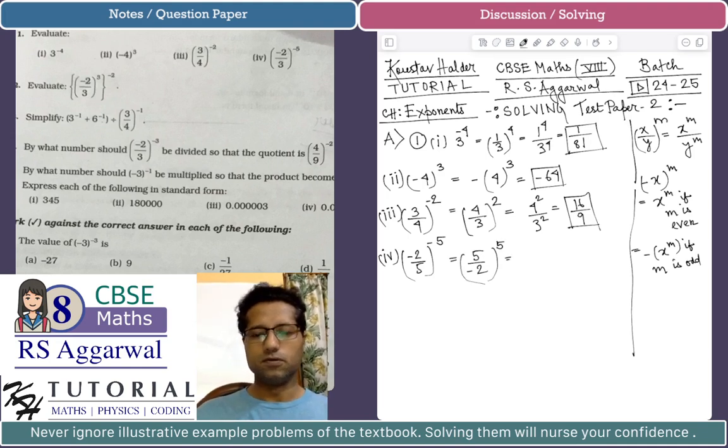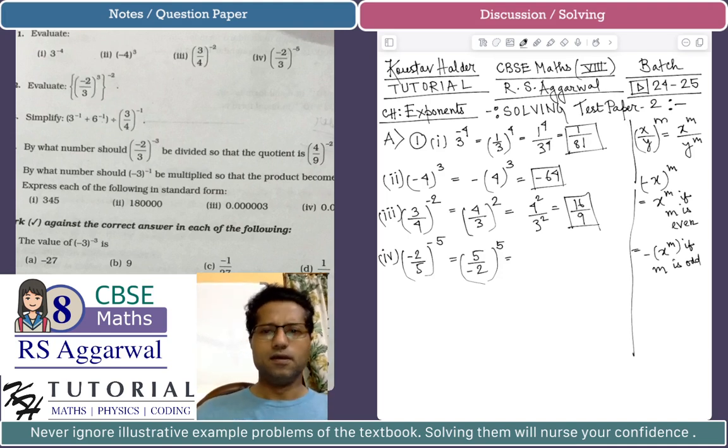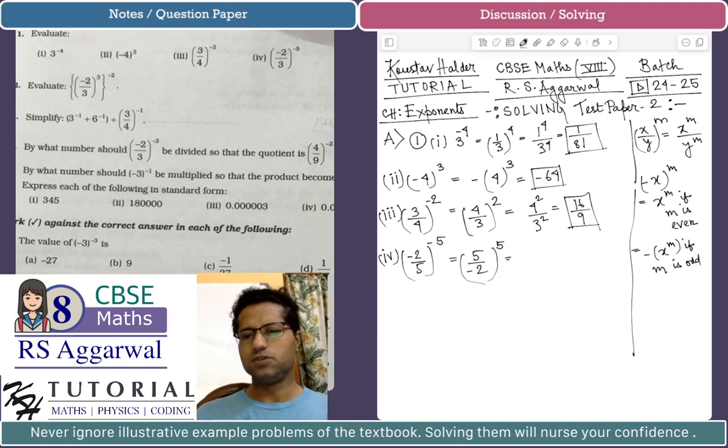Now the base is not in standard form. You can convert the base to standard form, that is make the denominator positive, but it is not necessary. In the exponential form, you can directly apply the formula that this will be equal to 5 raised to the power 5 divided by minus 2 raised to the power 5. Now 5 raised to the power 5 is how much?